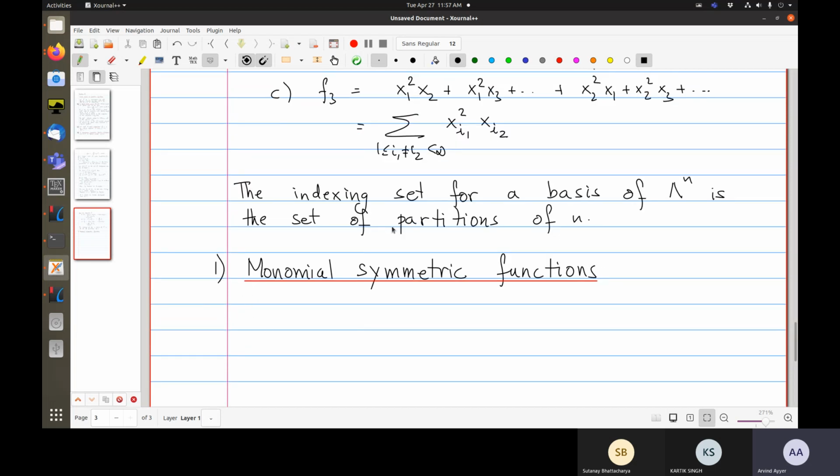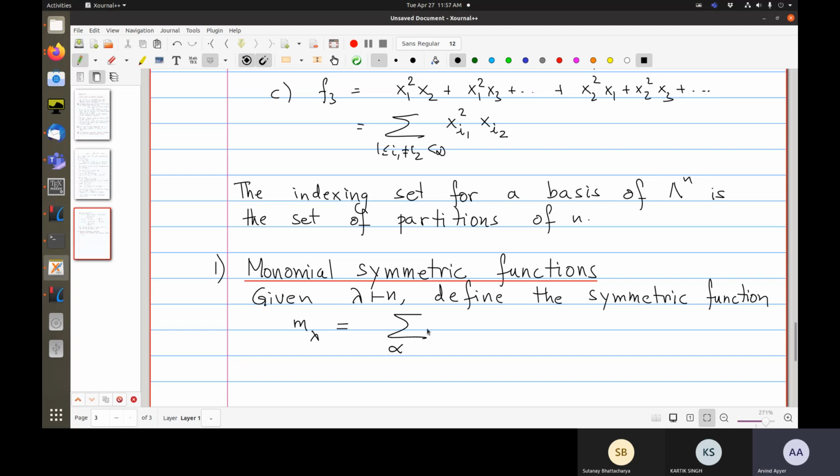So I've already defined partitions, so I'll not do that again. Given a partition lambda of n, define the symmetric function m lambda, m for monomial.